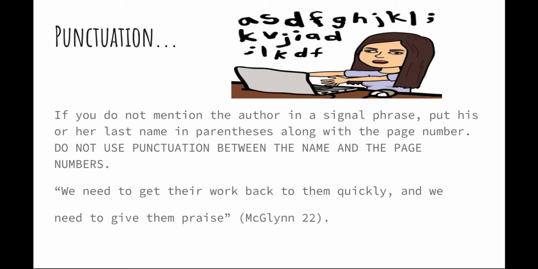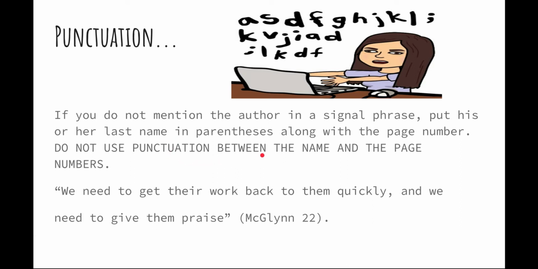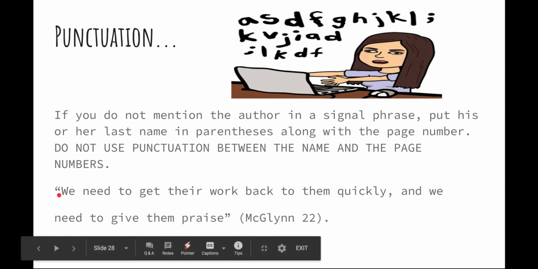When you're punctuating these things, I find that I often am writing this on your documents. Just remember that you don't put any punctuation between the name and the page number. So again, if this is a quote from my source, here is how I punctuate everything. This person said, we need to get their work back to them quickly, and we need to give them praise.